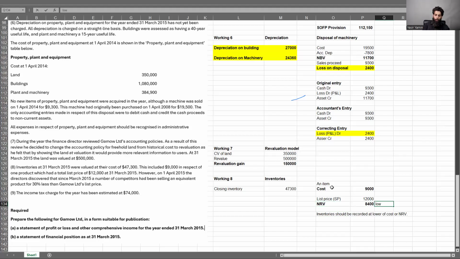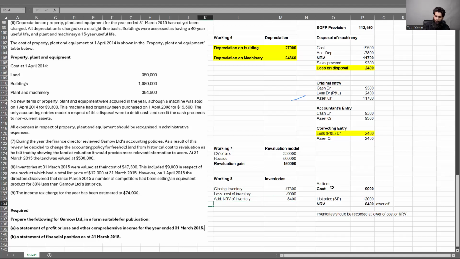So 9,000 is already included. I will say less cost of inventory, 9,000, and add the NRV of inventory, which is 8,400.